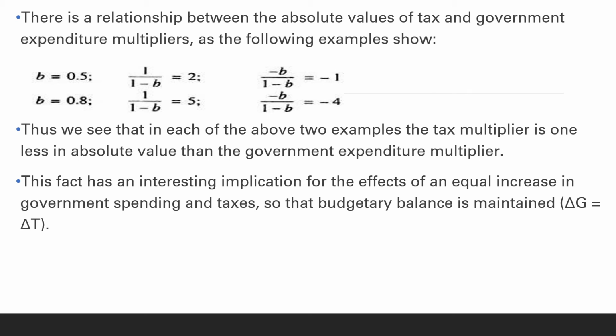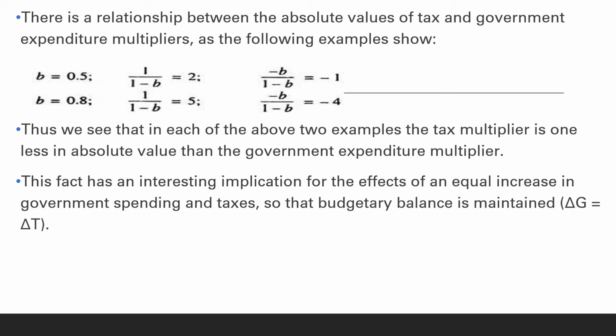There is a relationship between the absolute values of the tax as well as government expenditure multipliers, which is shown here with an example. By applying the equation, we can see that when MPC is 0.5, the tax multiplier is coming to minus 1.